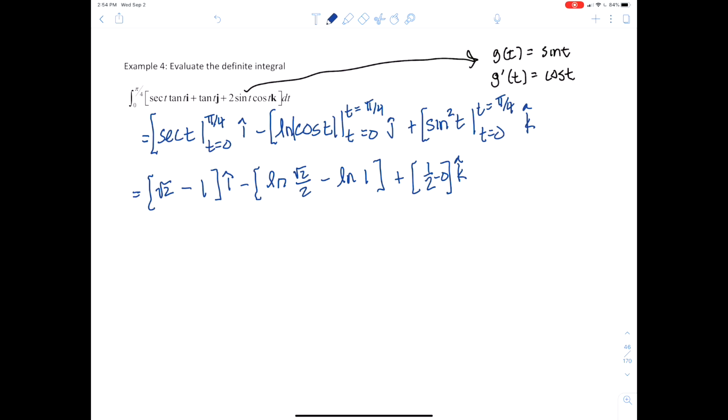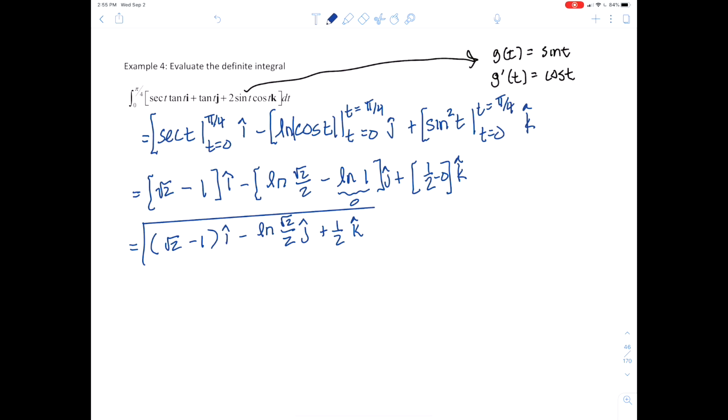Cleaning it up, we'll have root 2 minus 1 times i, and then minus natural log of root 2 over 2 times j. And remember, natural log of 1 is 0. And then plus 1/2 times k.